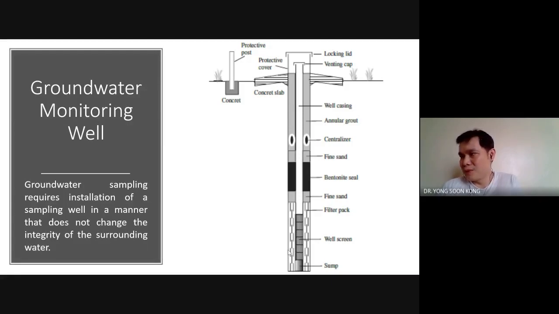This is more towards a disruption to the original nature of the groundwater. So that's why it needs to be covered. And one more reason why it needs to be covered: to prevent oxygen from coming in as well. So after the concrete slab, you have a fence around the area, so that no vandals can go in and do anything. Yeah. Okay.